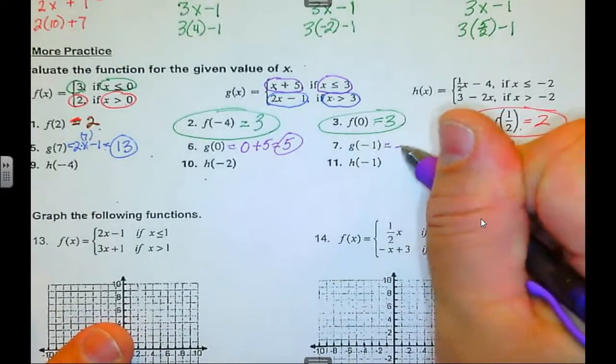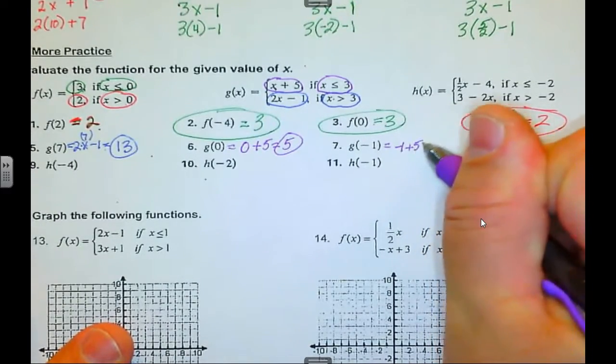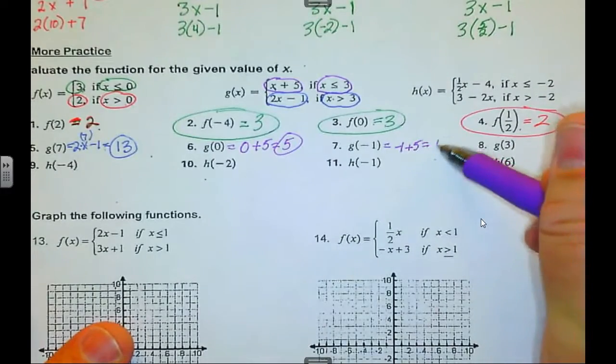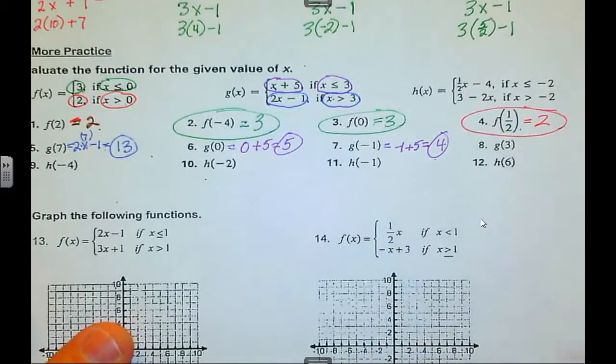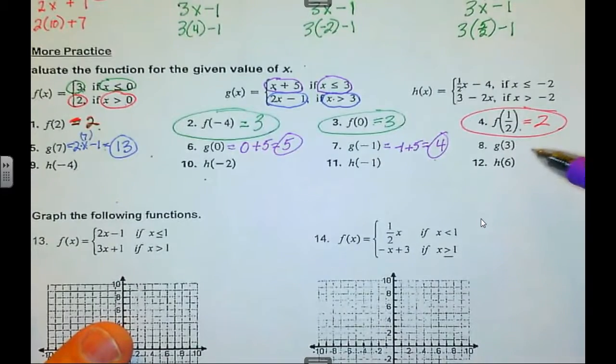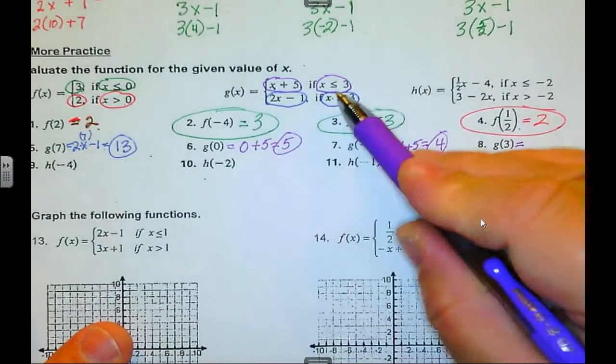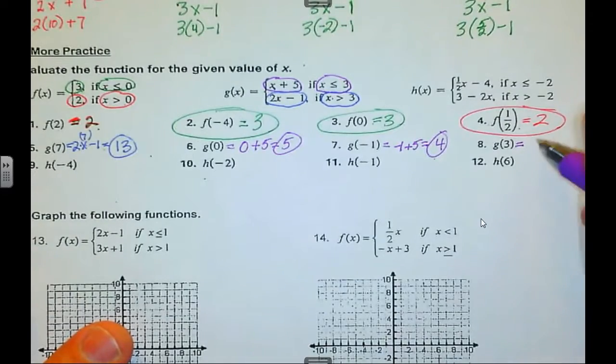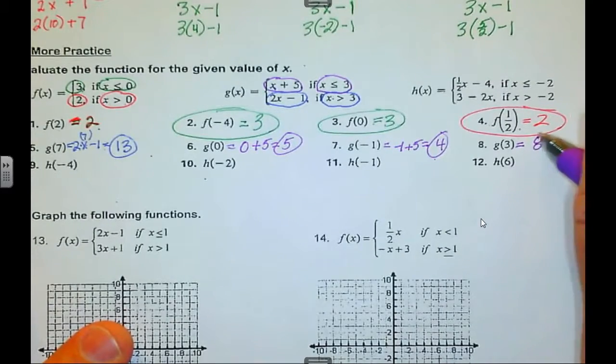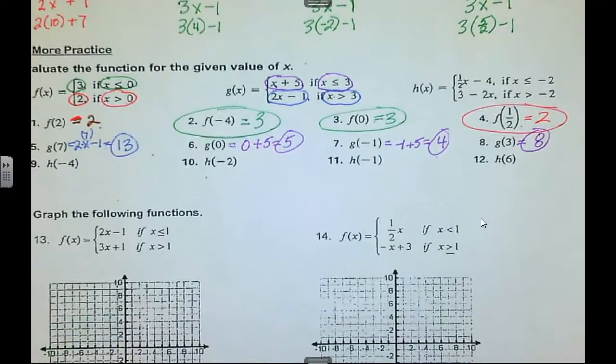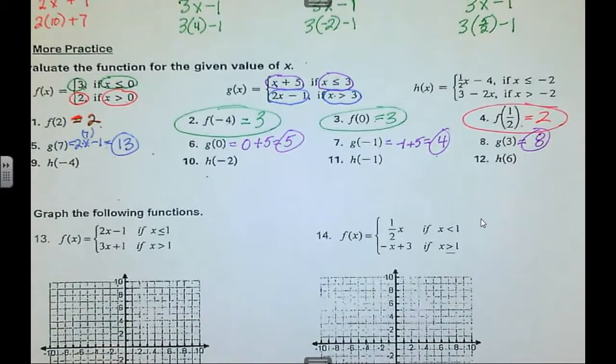So this equals -1 plus 5. Positive 4, right? G of 3. Top one, because it equals 3. 3 plus 5. 8. Okay. Are you good with which function to use?